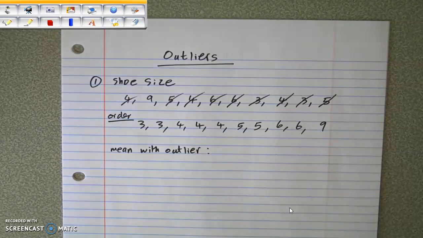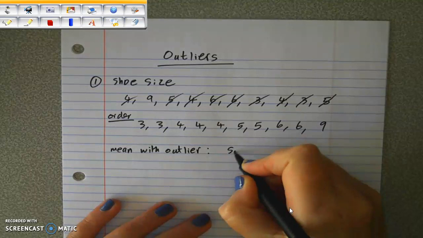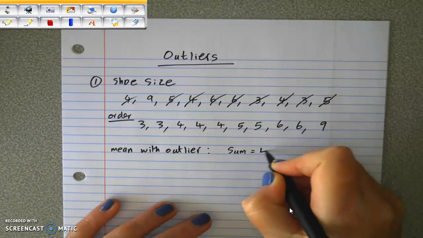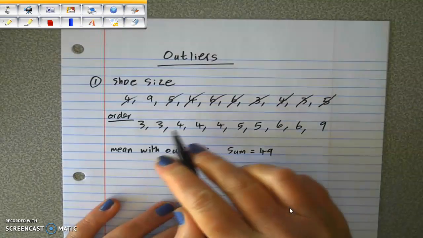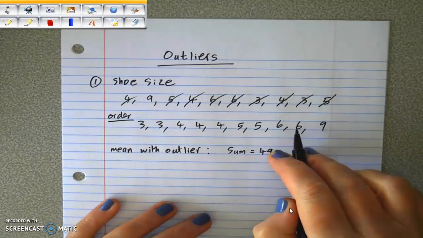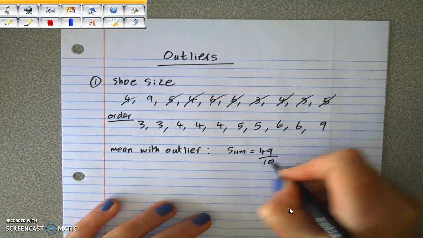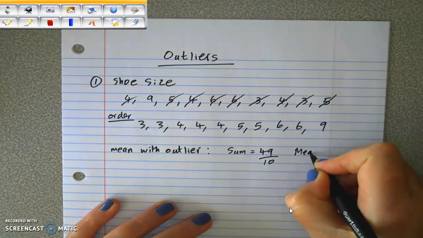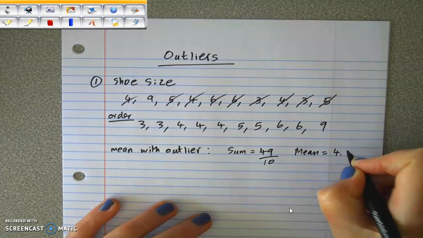So I get a sum of 49. And we have 1, 2, 3, 4, 5, 6, 7, 8, 9, 10 numbers. So I get a mean of 4.9.